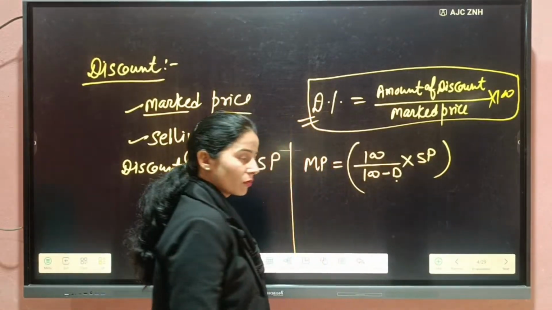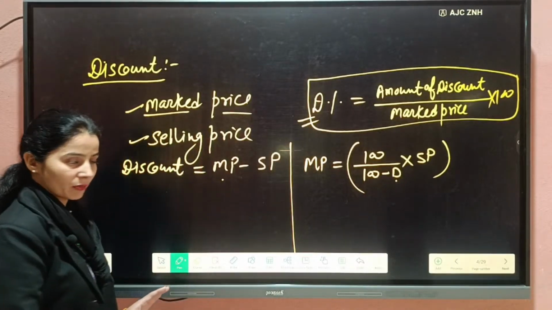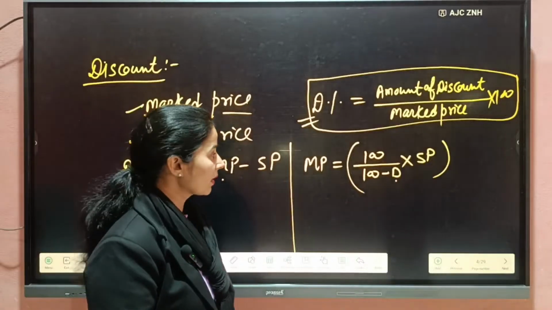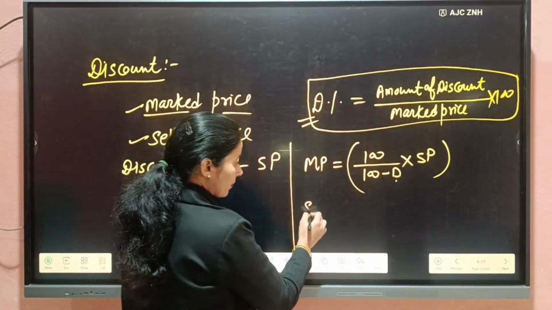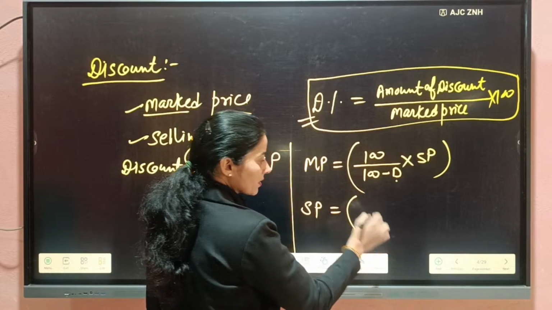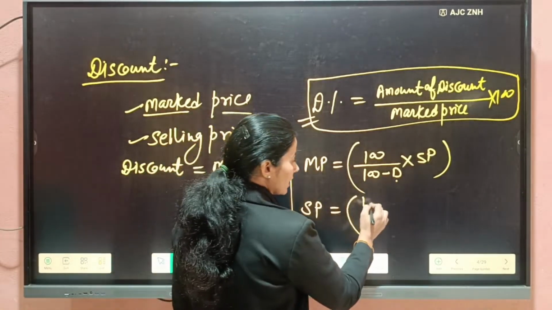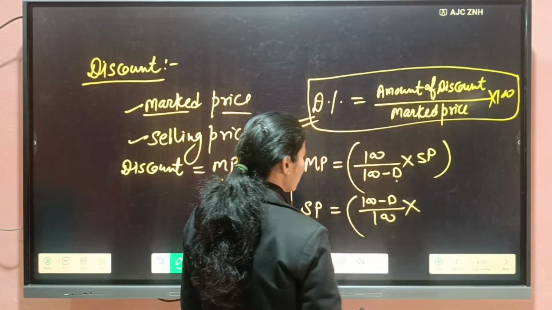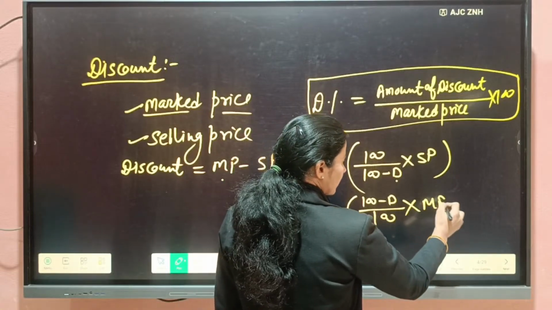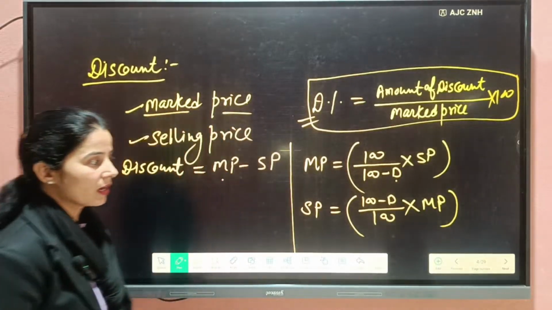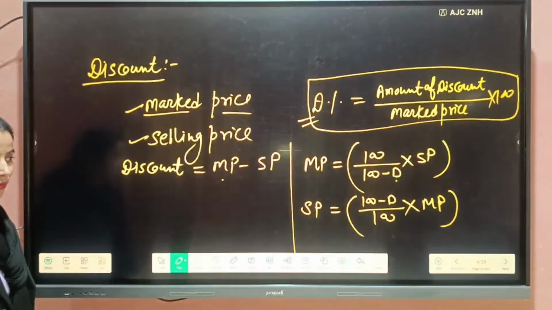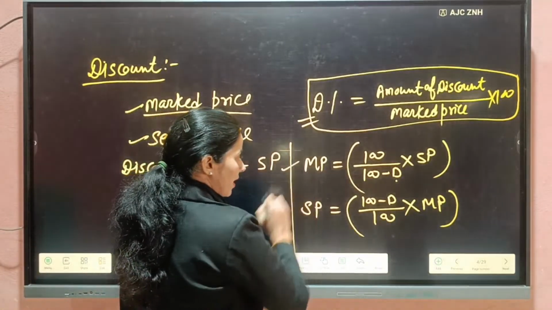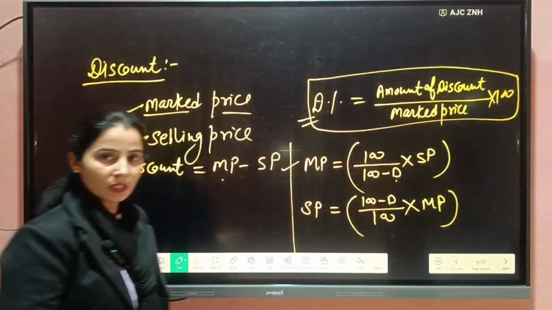Always this discount you have to subtract from 100. And if you need to find selling price and marked price is given, then you write 100 minus discount by 100 into marked price. This is marked price, list price.